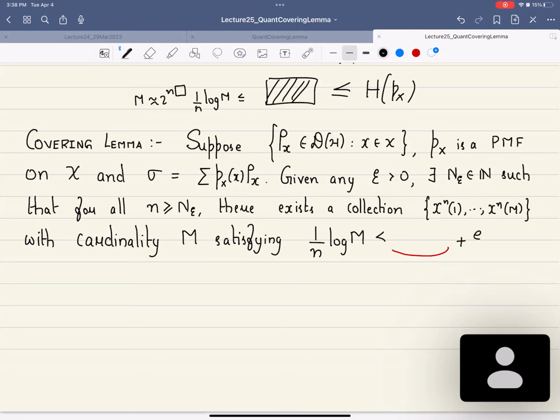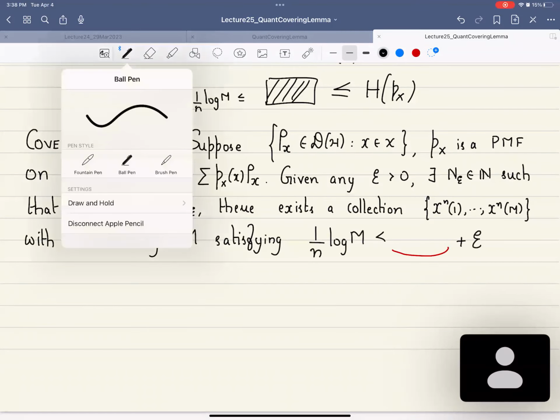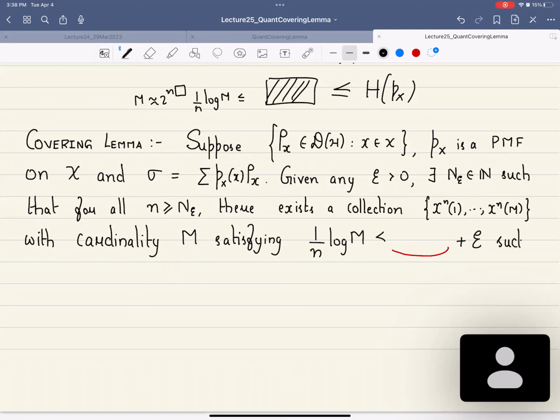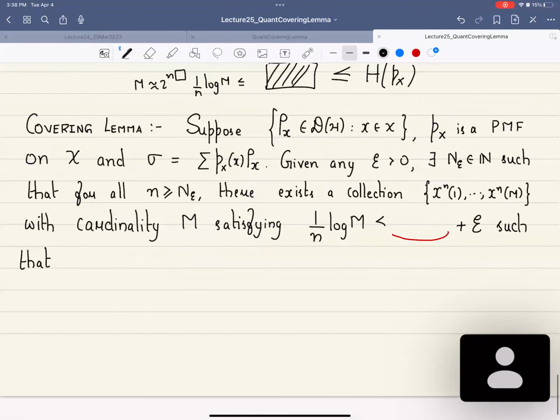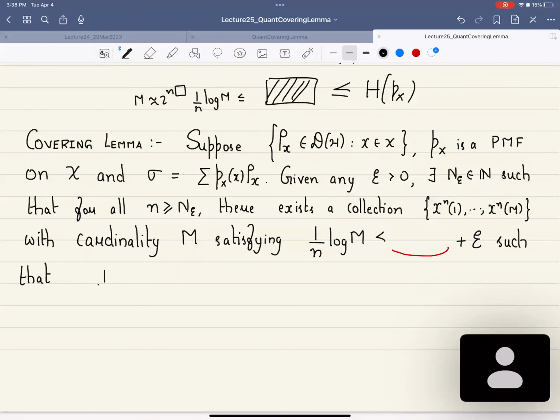So it's a very small thing given epsilon, such that if I pick uniformly from this bank, then 1 by M sum from m equal to 1 through capital M of rho xn of m.